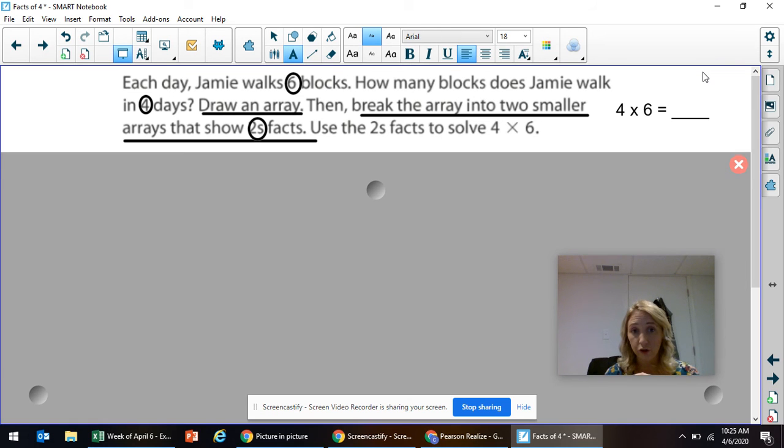Now, once you have that drawn, it then says break the array into 2 smaller arrays that shows the 2's, just like what I did on previous slides. Remember, it's 4 going down, 4 times 6. Break that 4 into 2 2's.